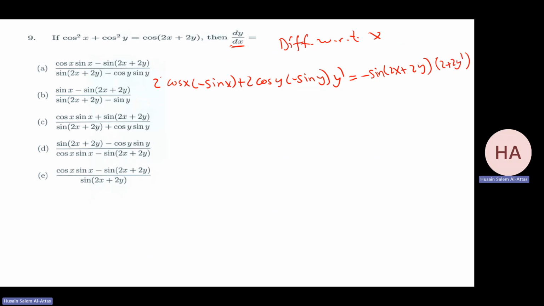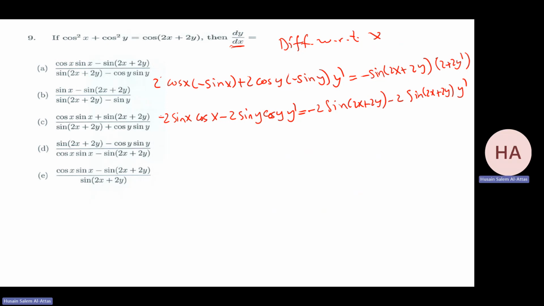Now combine the terms with y prime on one side and those without y prime on the other, and simplify. I have minus 2 sine x cosine x minus 2 sine y cosine y y prime equals minus 2 sine(2x plus 2y) minus 2 sine(2x plus 2y) y prime. I can cancel 2 from every place.